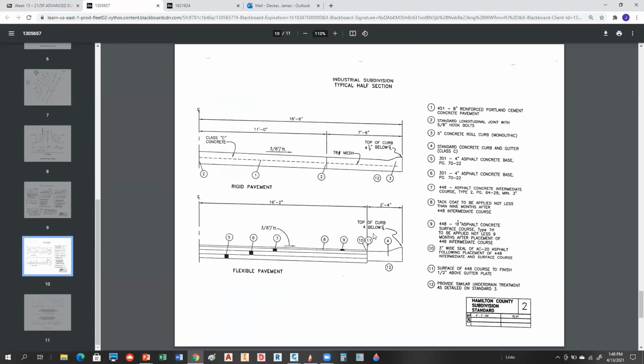Yes. And we're going to subtract from that what? That would be 4 divided by 12, which would be 0.33. So your curb elevation is 607.55. Yeah. Okay. See how that works then?